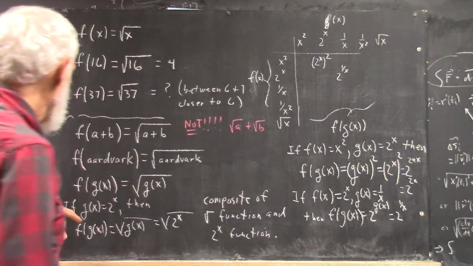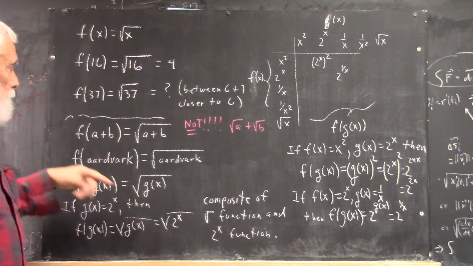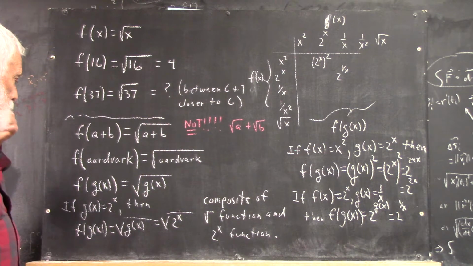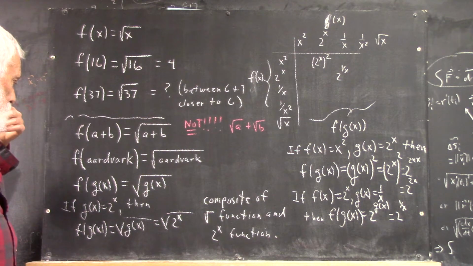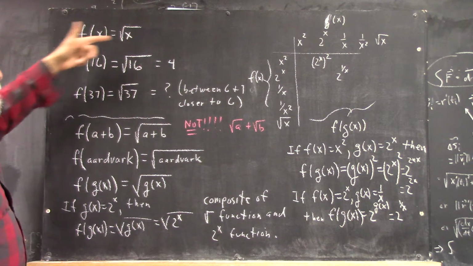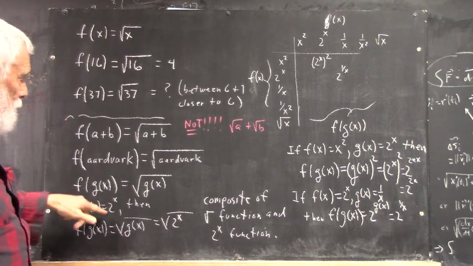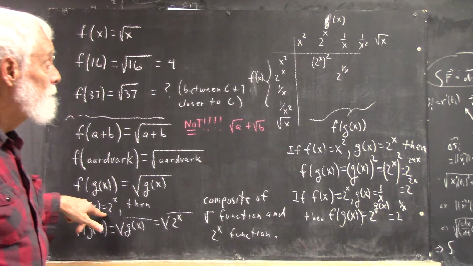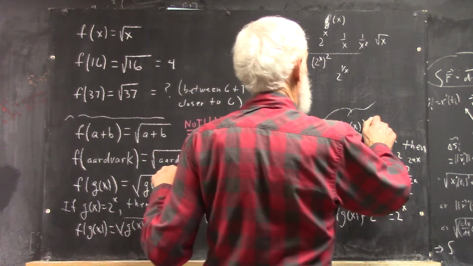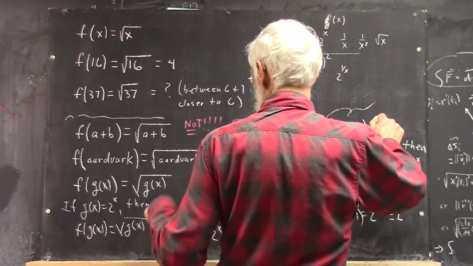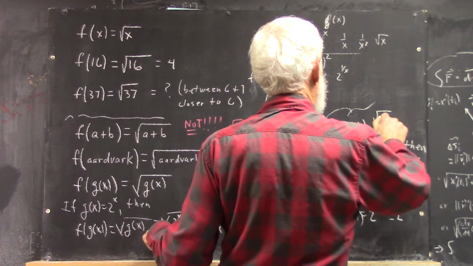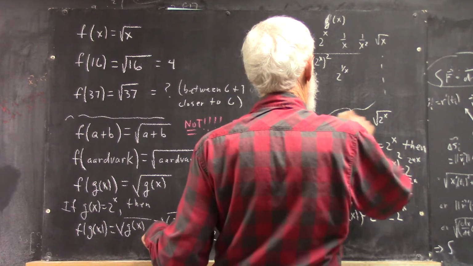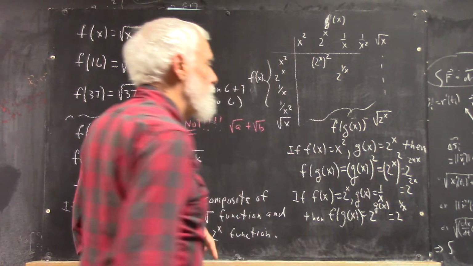We already figured out what f of g of x is if f of x is square root of x and g of x is 2 to the x, right? So that would give us over here our square root of 2 to the x. Okay?